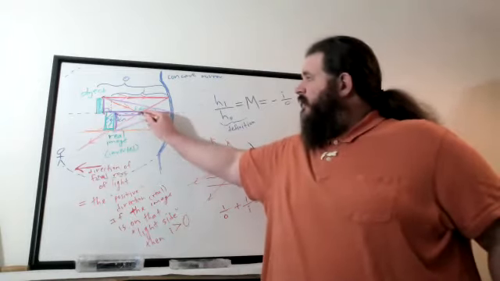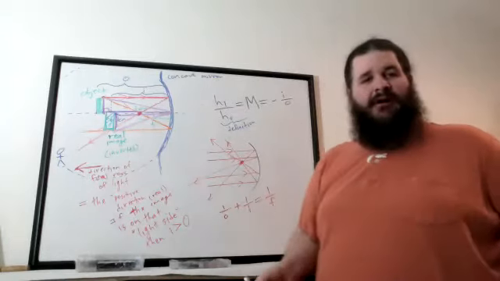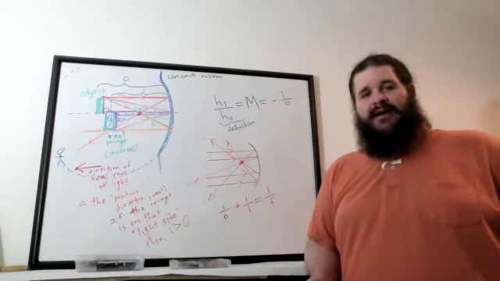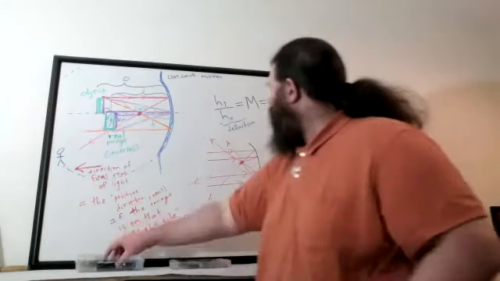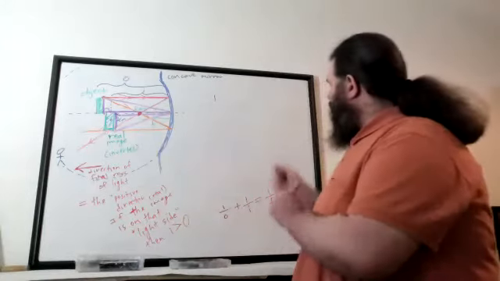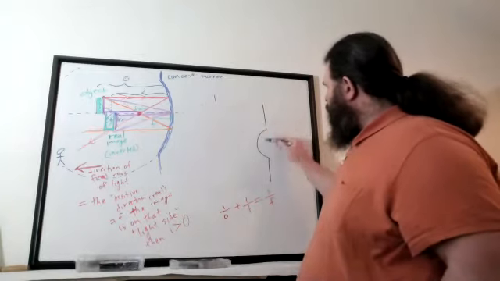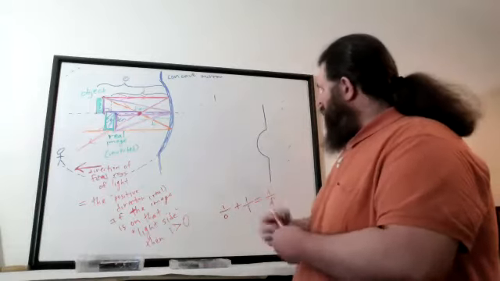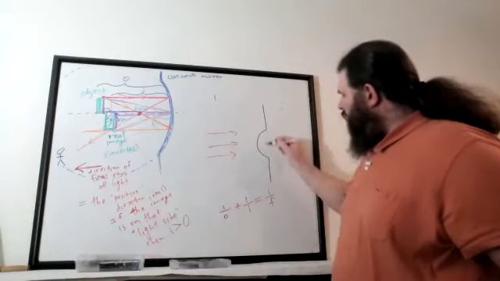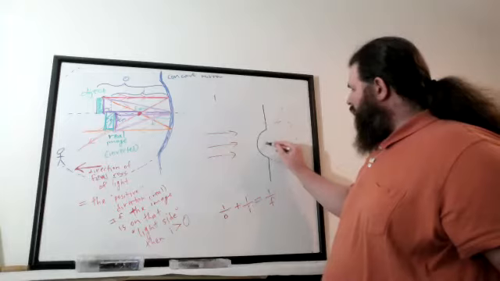If the focal point is on the side of the mirror that light's traveling on at the end, which will be true for a concave mirror, then F is a positive value. On the other hand, if you have a convex mirror, if the mirror was shaped instead like this, and you've got light coming in from this side, the focal point still has to be halfway between surface and center.